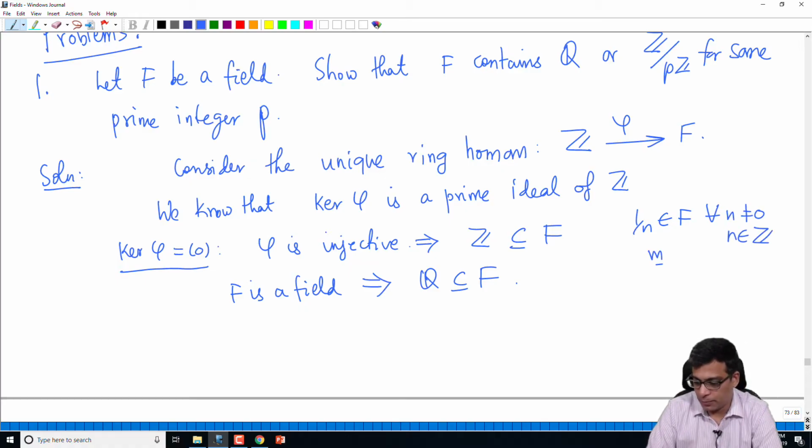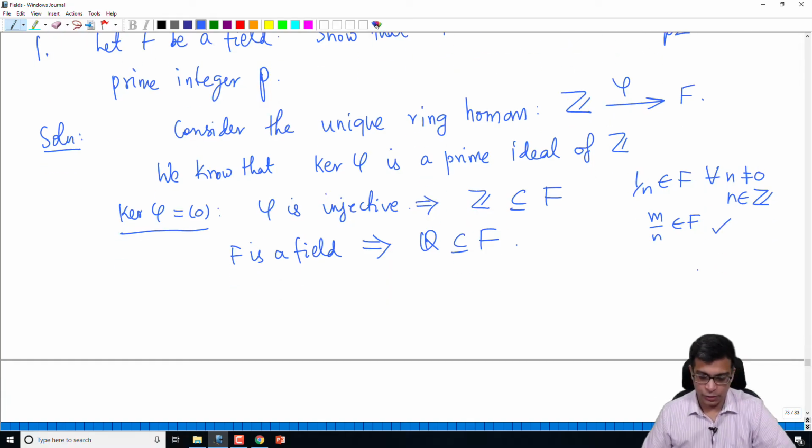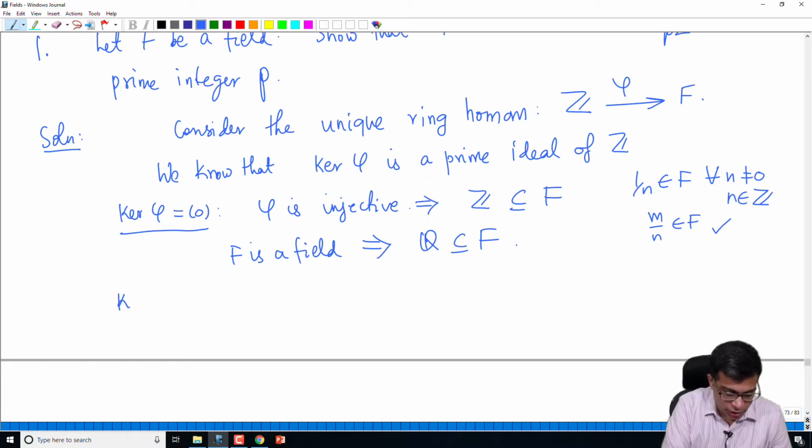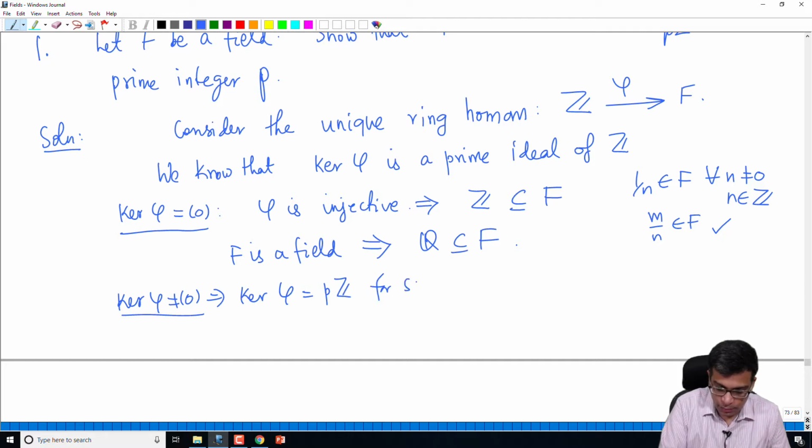Once 1 by n is there, m by n is there. So every rational number will be there, and Q is contained in F. So that's one case. If kernel phi is non-zero, this means kernel phi is equal to Pz for some prime number.